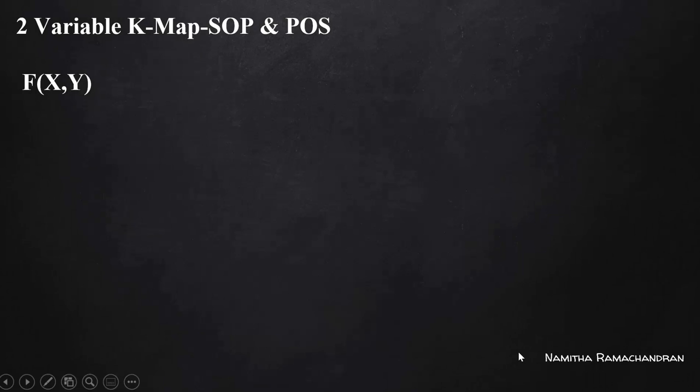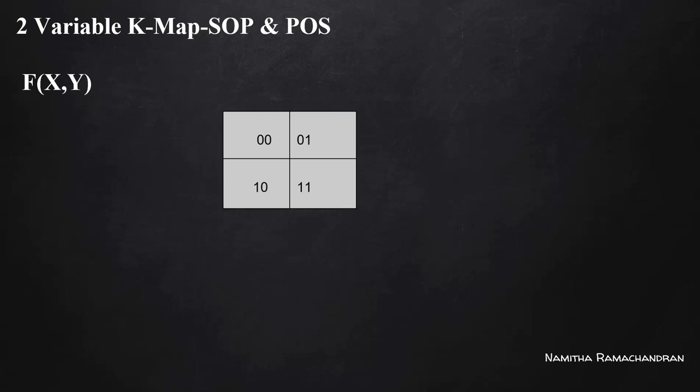So consider a 2 variable Kmap. 2 variable Kmap means the given function is of 2 variables, right? In that case, how many cells do we need in our Kmap? Here it is 2 variables, so our Kmap requires 2 to the power 2, that is 4 cells.